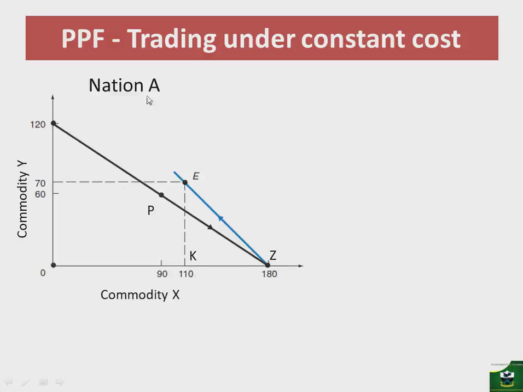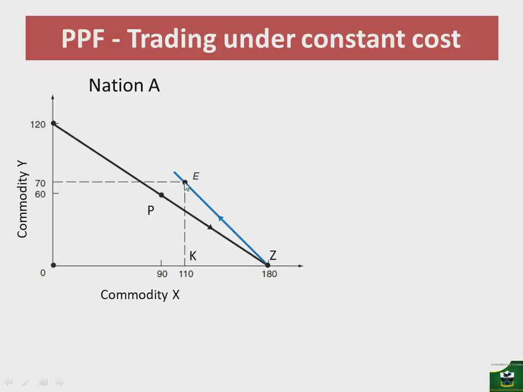Okay, so from that, if we start with nation A first, we will notice that if nation A is at point P, given the slopes of the PPF we computed, or the relative commodity prices we computed, it means that nation A has a comparative advantage in the production of commodity X, and therefore nation A will specialize in producing commodity X. And from this specialization, nation A will be able to trade with nation B. And if that happens, then we can assume a consumption point.